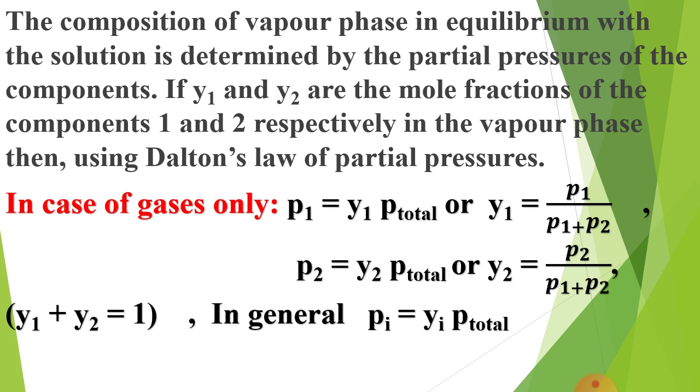That's why here also Y1 plus Y2 is equal to 1 for a binary solution. For a ternary solution, it should be Y1 plus Y2 plus Y3 equal to 1. In general, we can write the formula in the vapor phase as Pi equal to Yi P total. You have to also learn this formula to solve numericals.